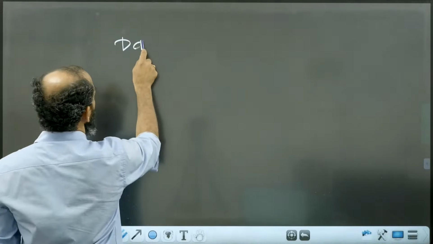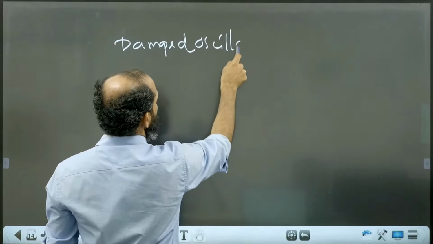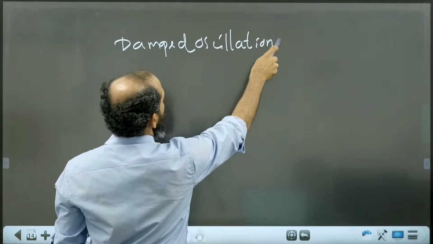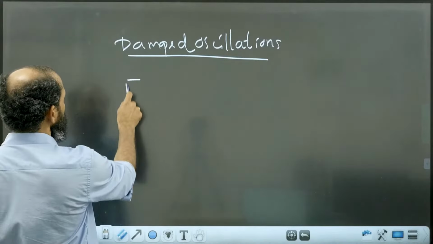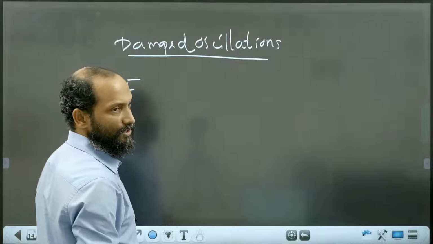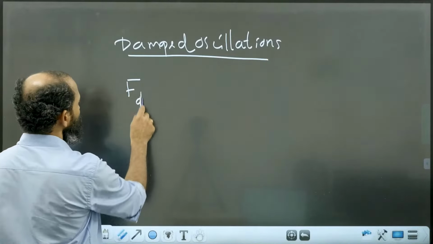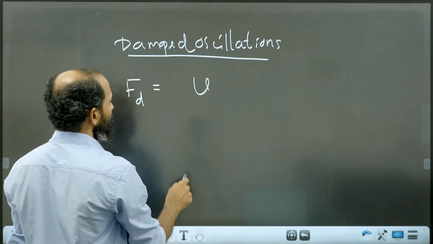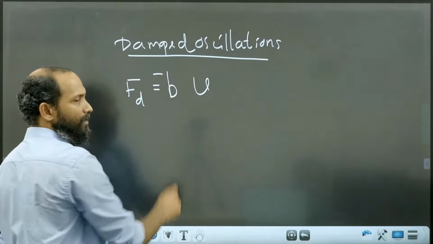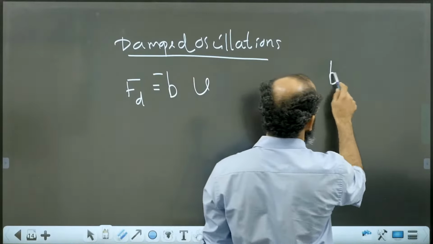Damped oscillations. What is reducing continuously? Energy as well as amplitude. There is a dissipative force, damping force, F damping, which is proportional to the velocity. There is a proportionality constant called coefficient of damping. Unit of damping coefficient is also important.